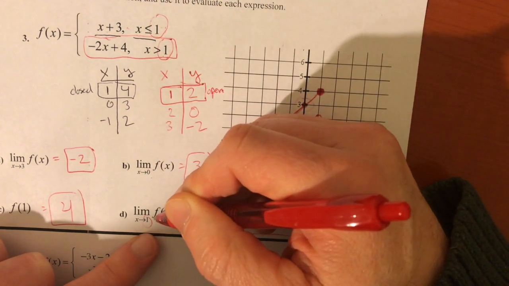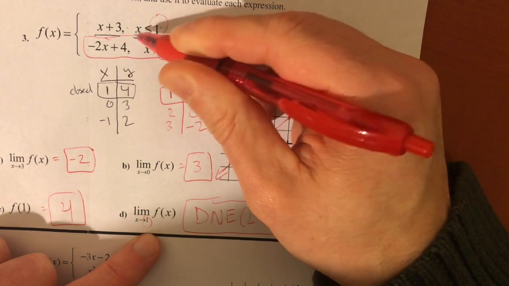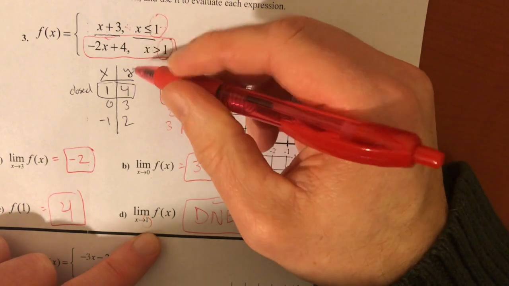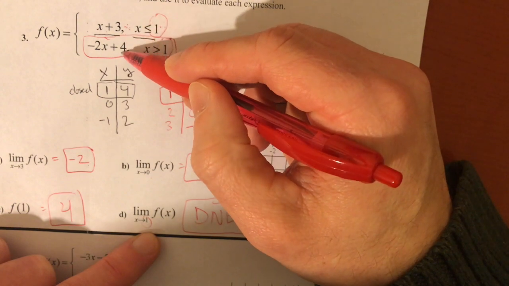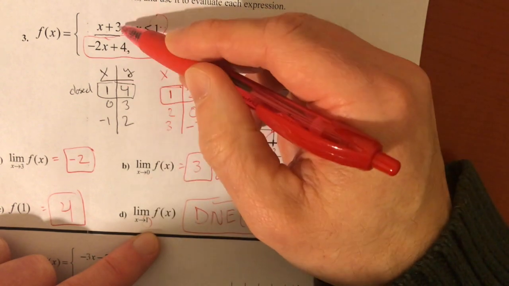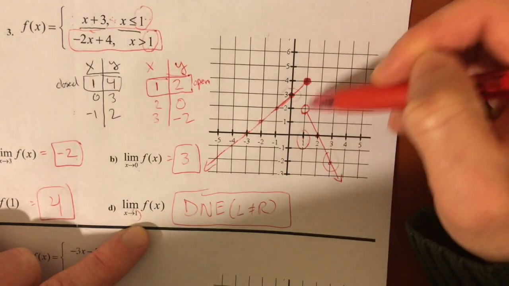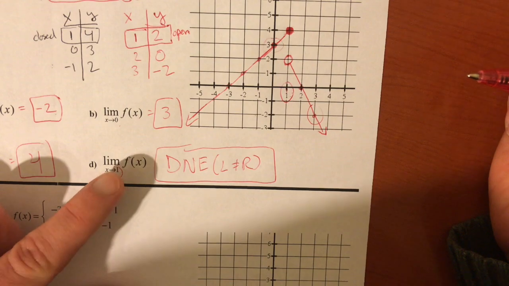And if they ask me for the limit as x approaches that value, there's a good chance that the left and the right won't be going to the same y value. So you'd have to substitute 1 into this and this one. And if you plug them in algebraically, you'll get 4 and 2, the same values that we got graphically. And so the limit does not exist at that one single x value.